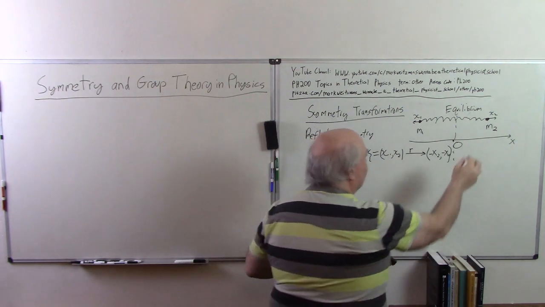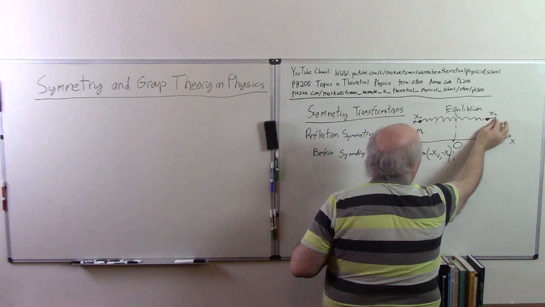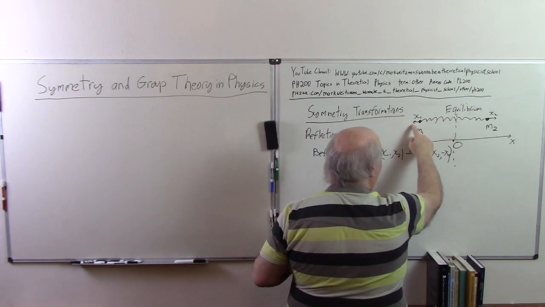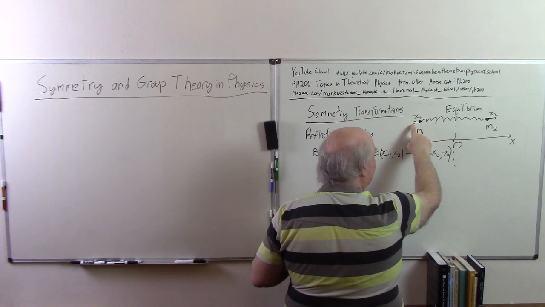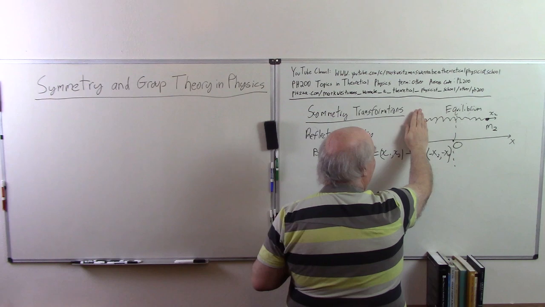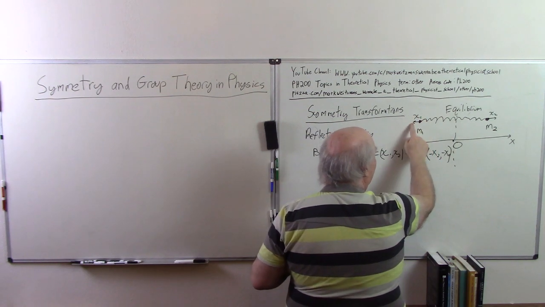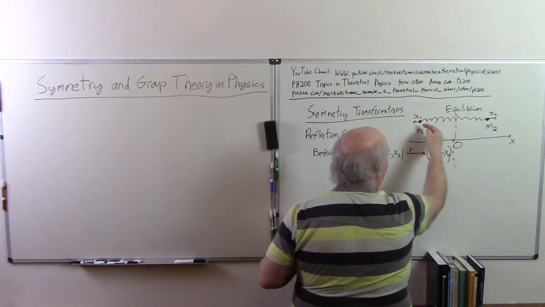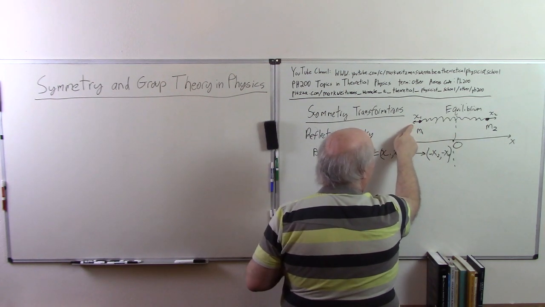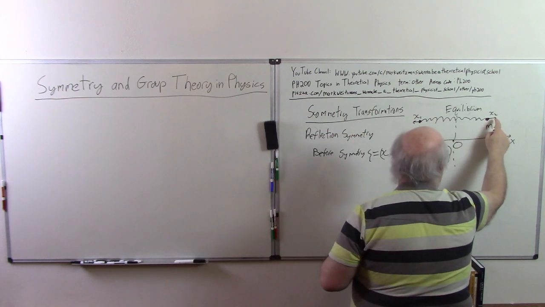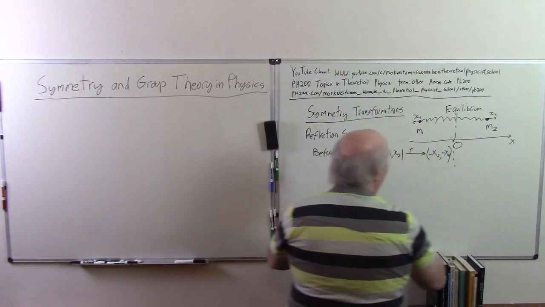Well, if this is displaced a small amount here to here, when we reflect, it's going to displace the small amount to the left. And so our new coordinate for the particle that's on the left side is going to be over here, which is minus x2. Remember, x points in that direction. So the coordinate of particle 1 is now going to be minus x2. Likewise, this went to this side, and this is going to be minus x1.